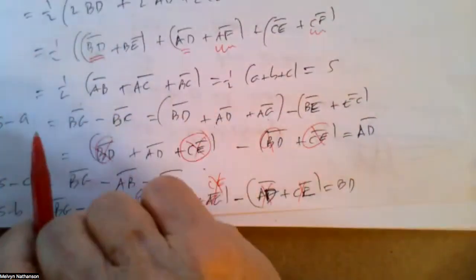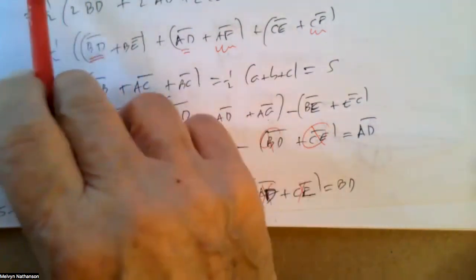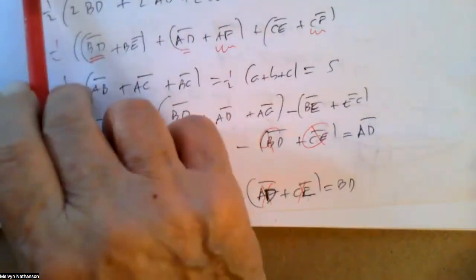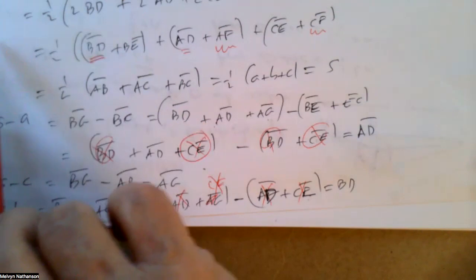So the distance from B to D is S minus B. So now we have a really remarkable picture. I have this line from B to G. The length is equal to S, the semi-perimeter.